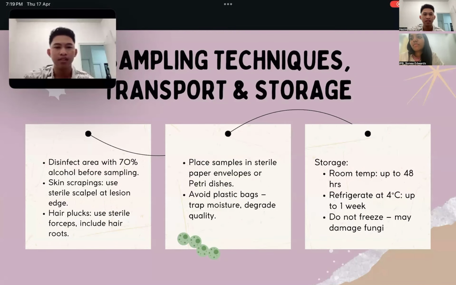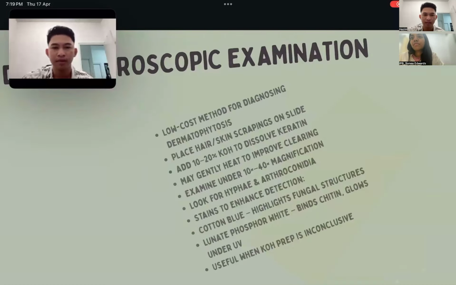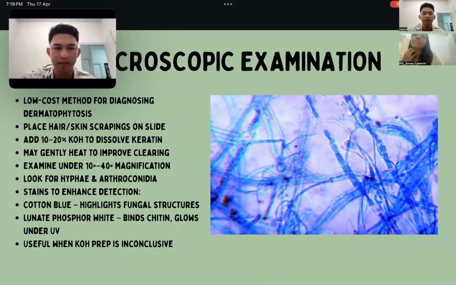So next is direct microscopic examination. This is a low-cost method for diagnosing dermatophytosis. The technique entails taking hair or skin scraping and putting them on a microscope slide, adding 10 to 20% KOH to digest the keratin, which helps to see the fungal elements. The KOH solution may be gently heated but not boiled to improve clearing.